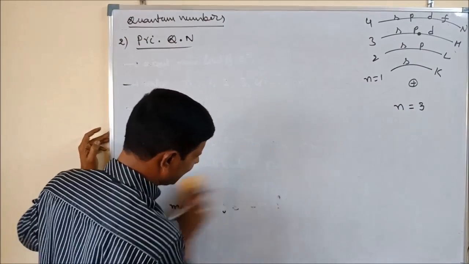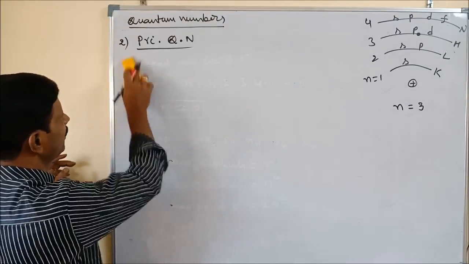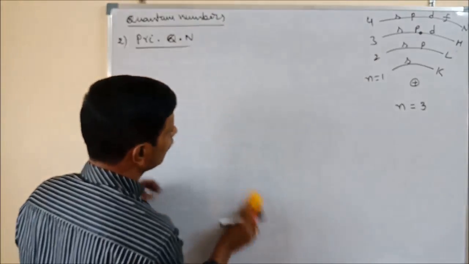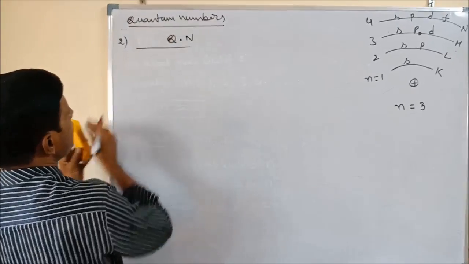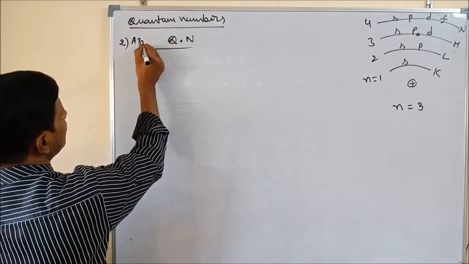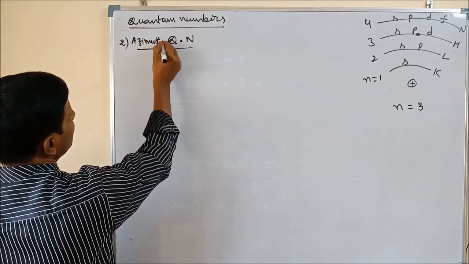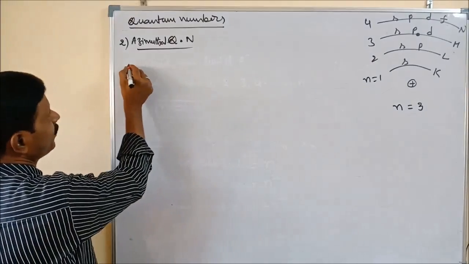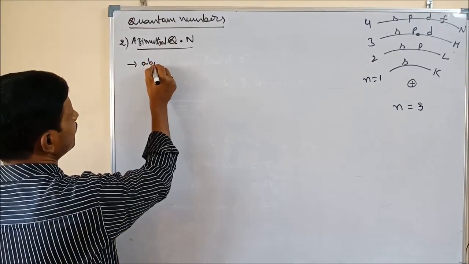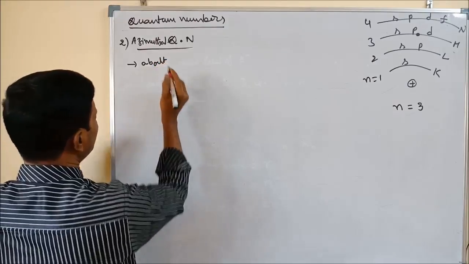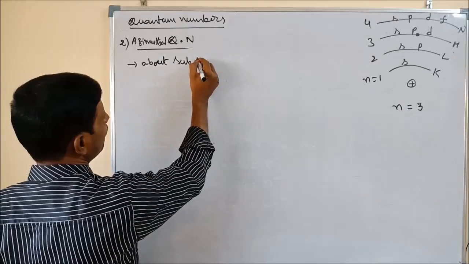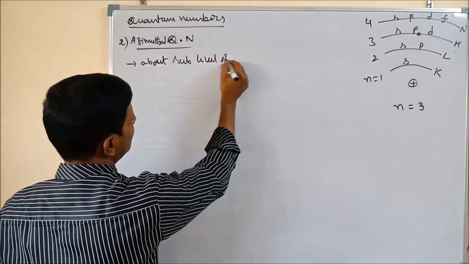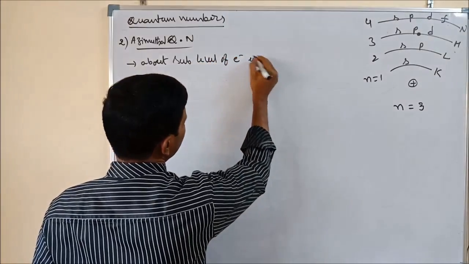So now the second important quantum number, which is nothing but azimuthal quantum number. Now, mainly it gives an idea about the sub-energy level of the electron, or sublevel of the electron in a main level.